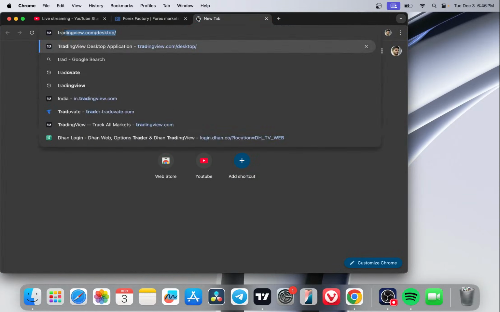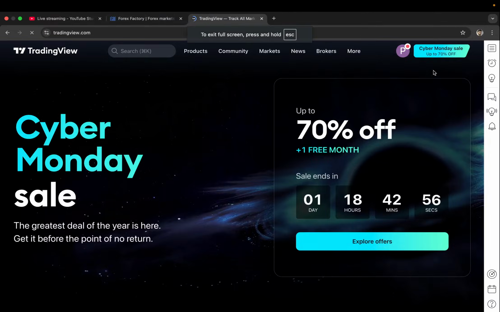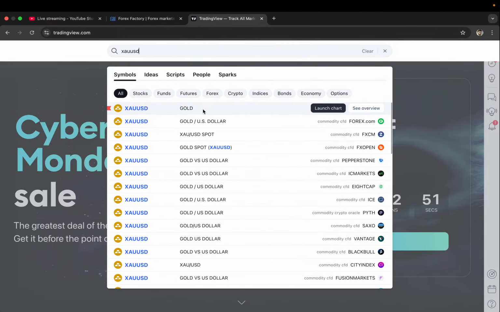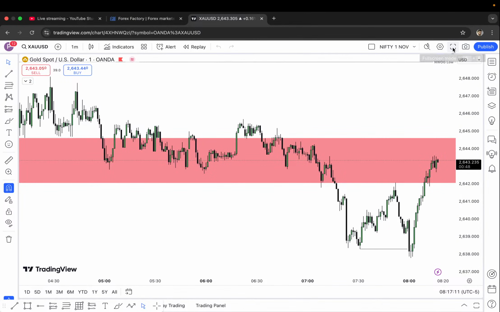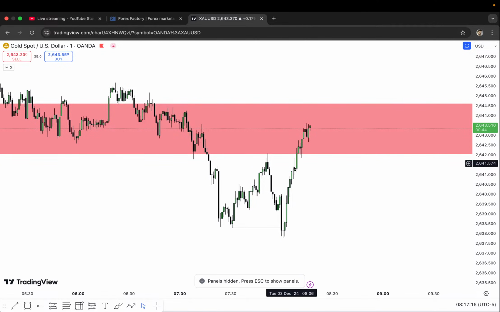Let me open TradingView here also, and we'll watch gold here. Okay, gold is inside the inversion.